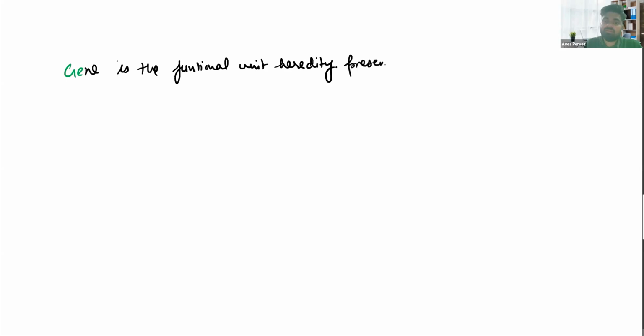Okay, so note it down. What is a gene? A gene is the functional unit of heredity, present in the chromosomes of the cell nucleus.